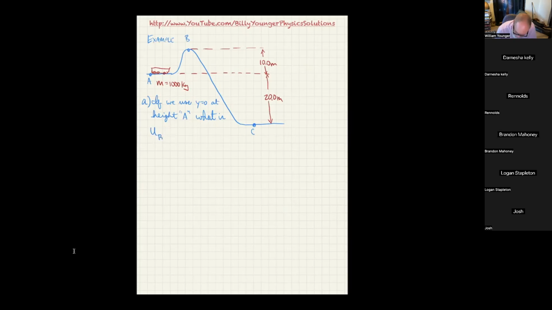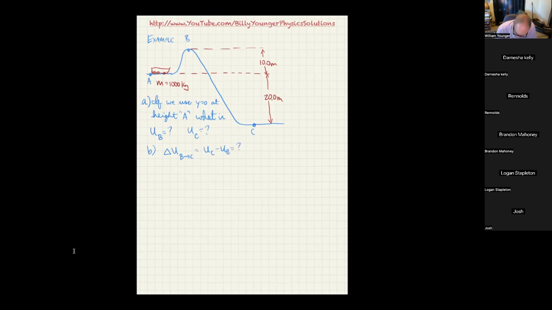So I'm asking for the potential energy at point B. And then I'm asking for the potential energy at point C. In part B, I want to know what is delta U in going from B to C, which is UC minus UB.